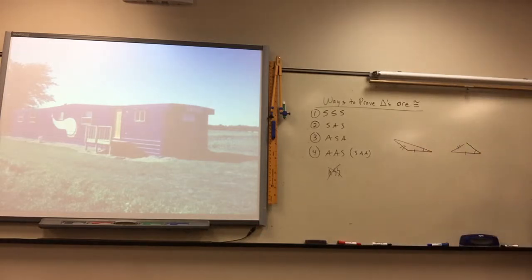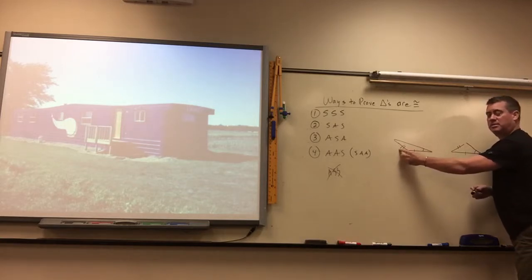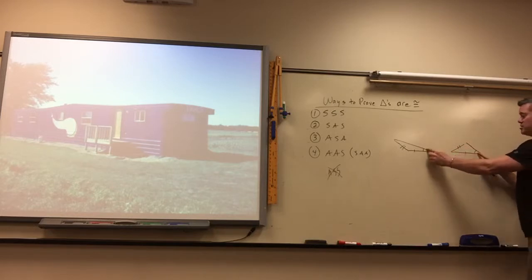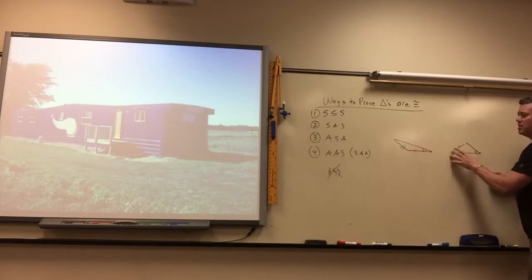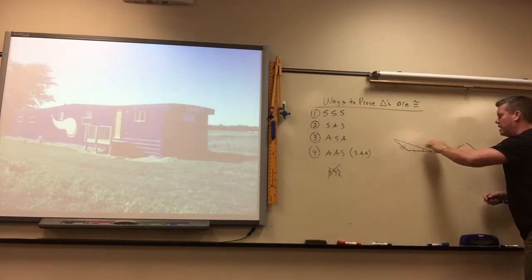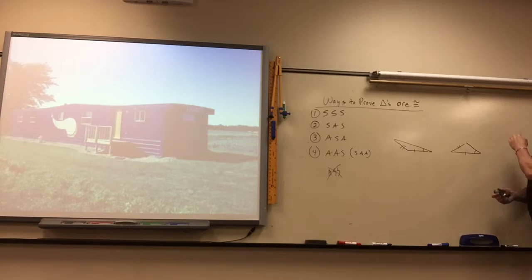Here's an example of an angle side side and another angle side side. These two angles are equal. This side is the same length and this side is the same length. It's just been flipped this way now. So obviously this is not the same as that. So this is the example why angle side side doesn't work. It could work, it just doesn't always work. Does that make sense? Okay.